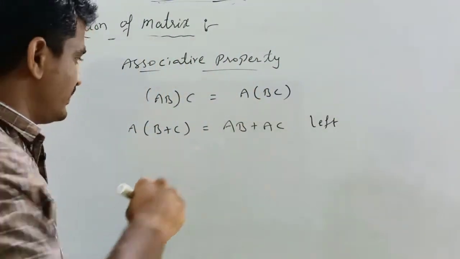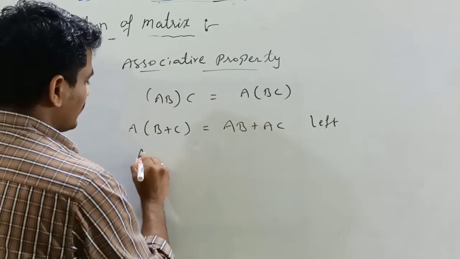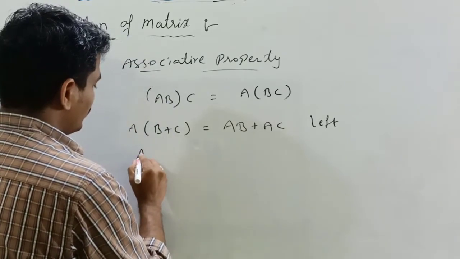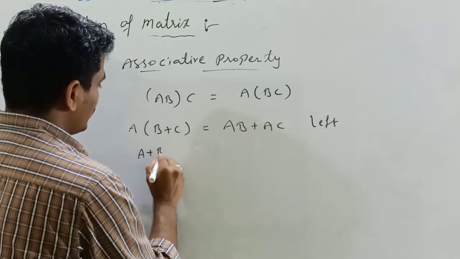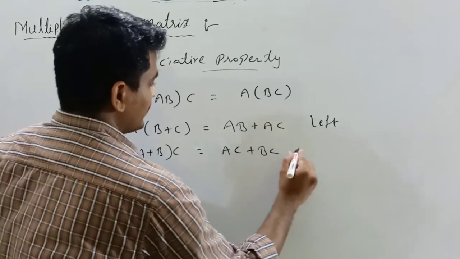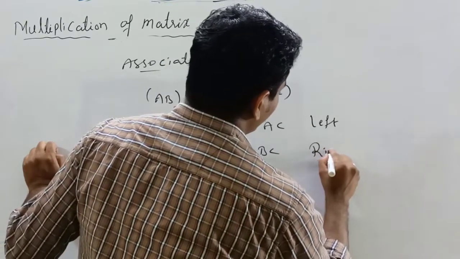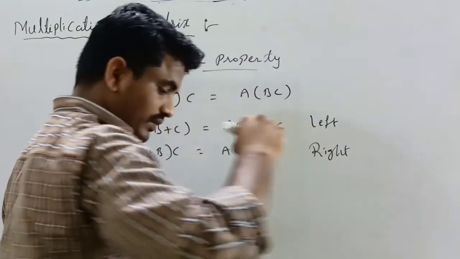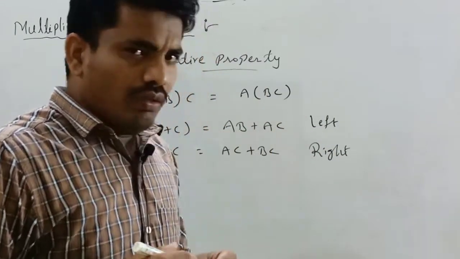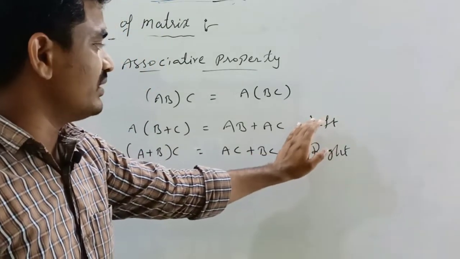And next one, (A + B)C equals AC + BC. We call this right distributive law, and the earlier one we call left distributive law.